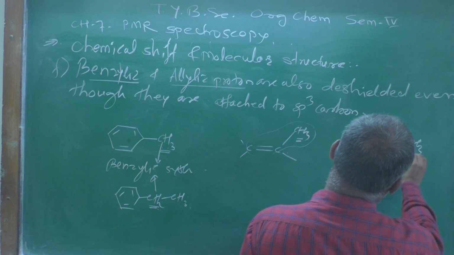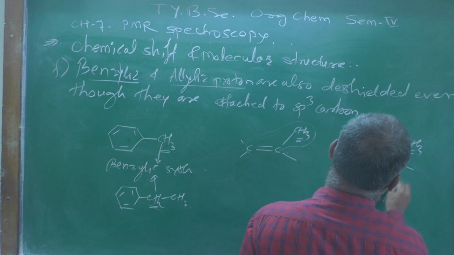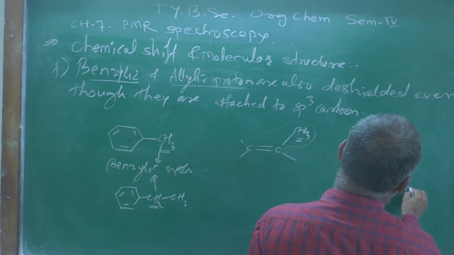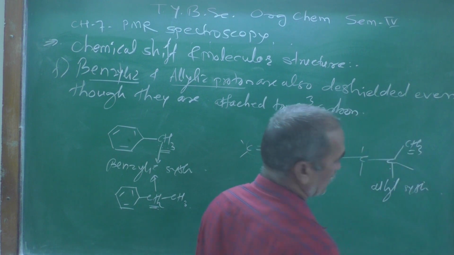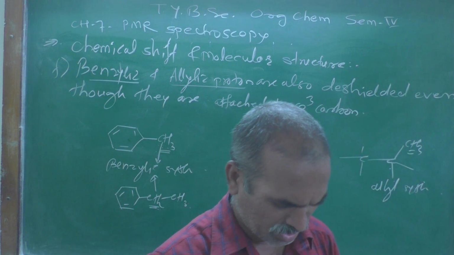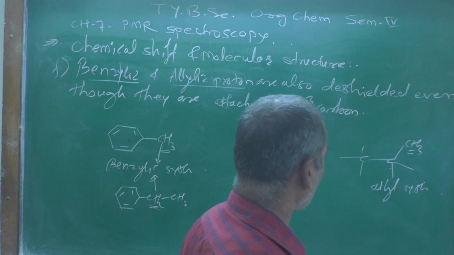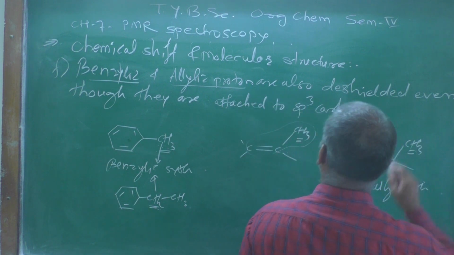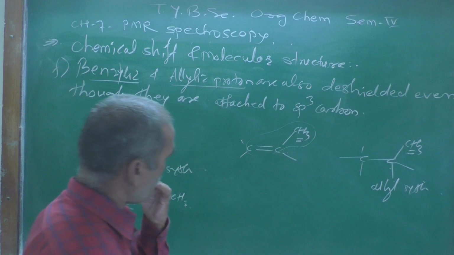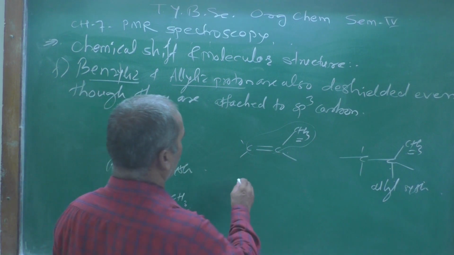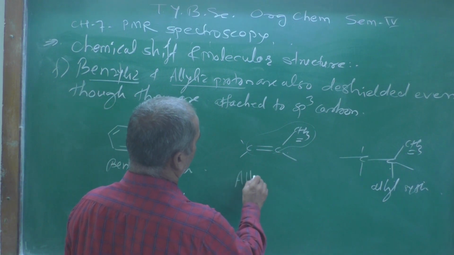So this type of compound is called an allyl system, or an allylic proton.